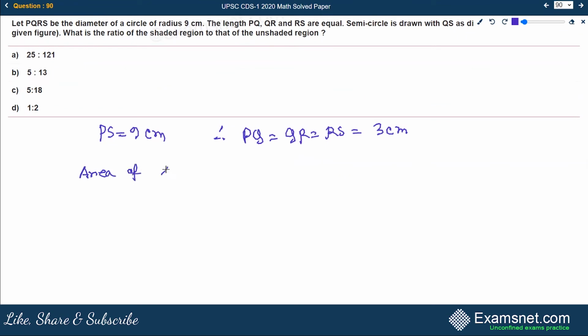Now let's remember the formula for finding the area of a semicircle. Area of semicircle is pi r square by 2, where r is the radius of the circle.